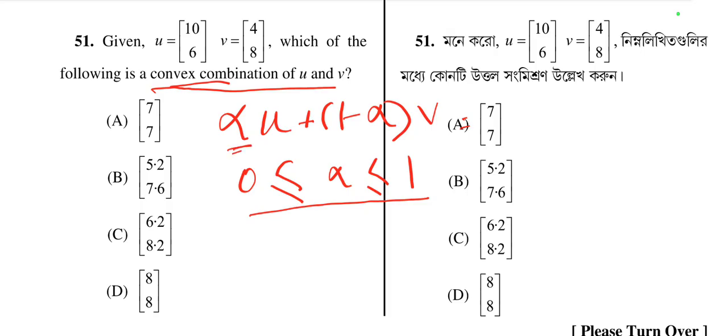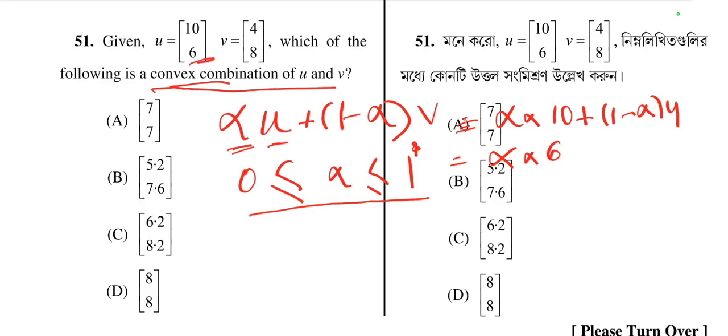In the first component, u value is 10 and v value is 4. In the second component, u value is 6 and v value is 8.